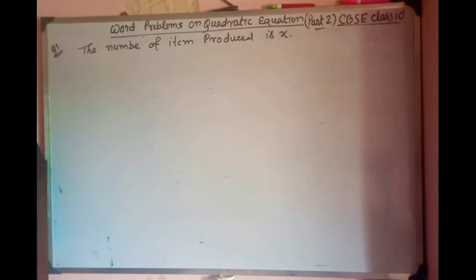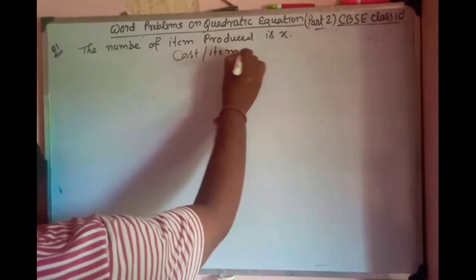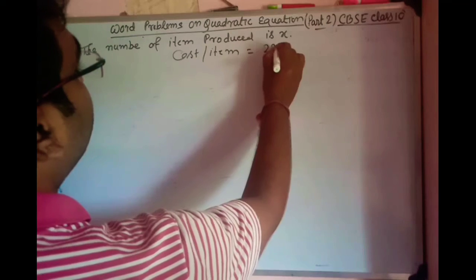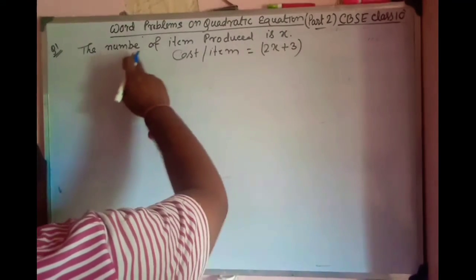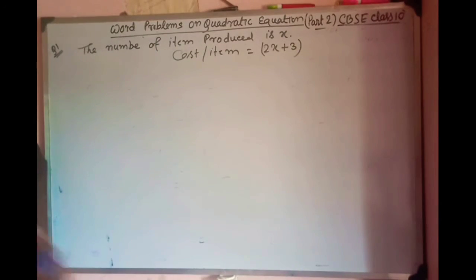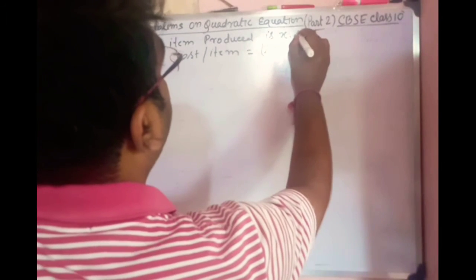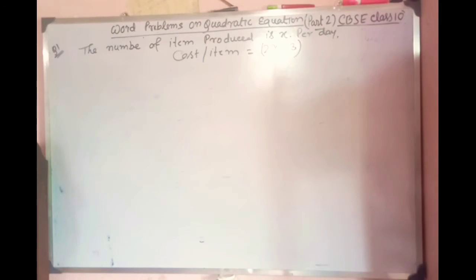And the cost per item is equal to twice x plus 3, that is given, twice x plus 3, that is 3 more than twice the number of items produced per day. This number of items produced per day is x per day.